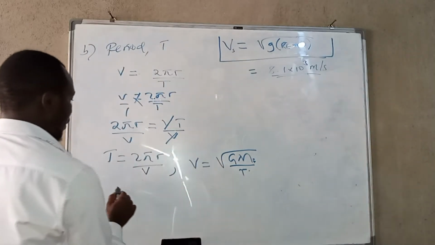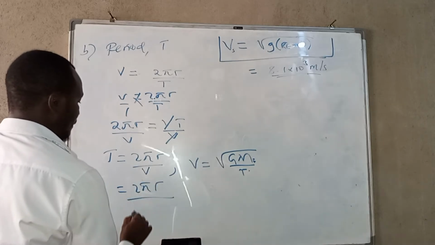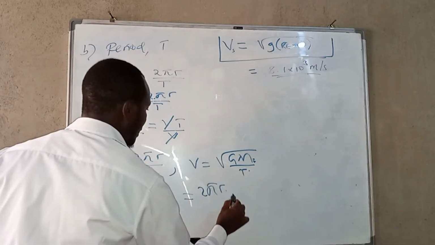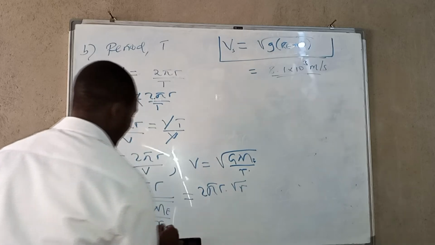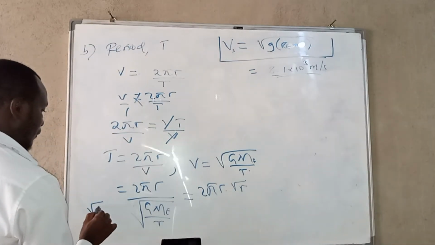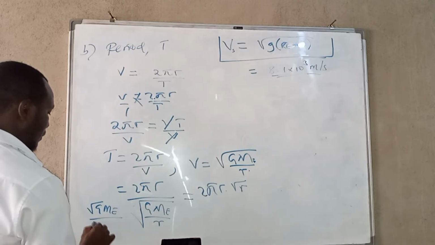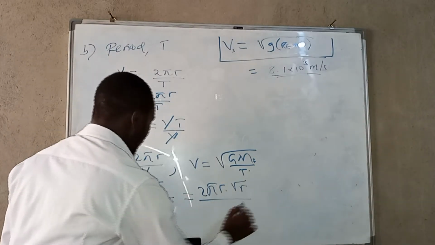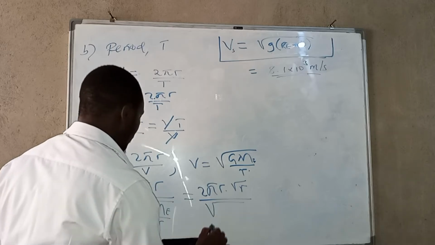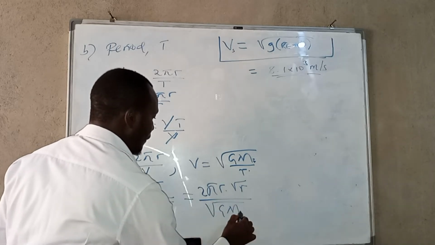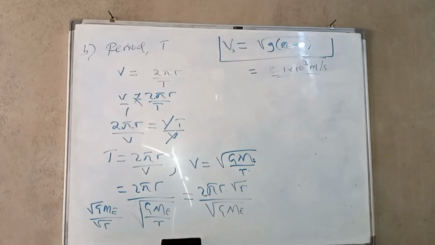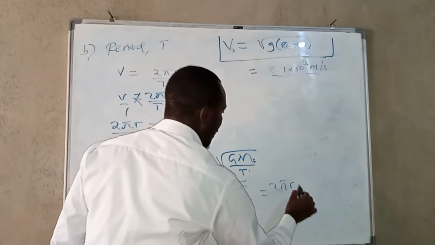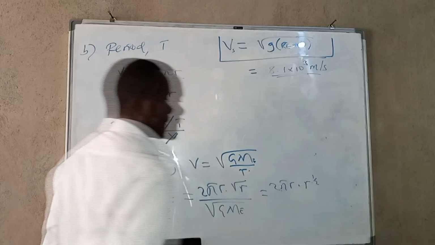So if we put this in, we're going to have 2 pi r over the square root of GME over r. This can also be written as 2 pi r times the square root of r over the square root of GME, because the square root of GME over r is the same as the square root of GME over the square root of r. So it is the same as 2 pi r times r to the power half.